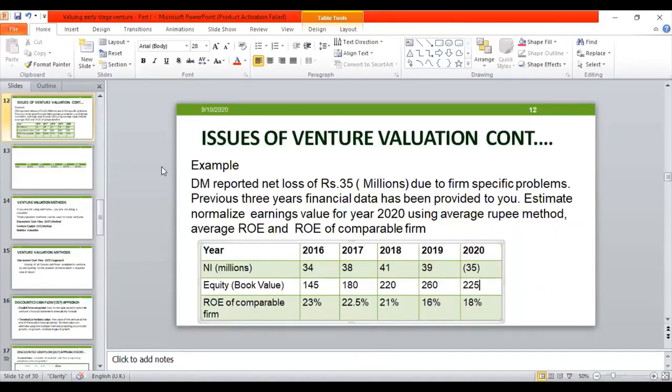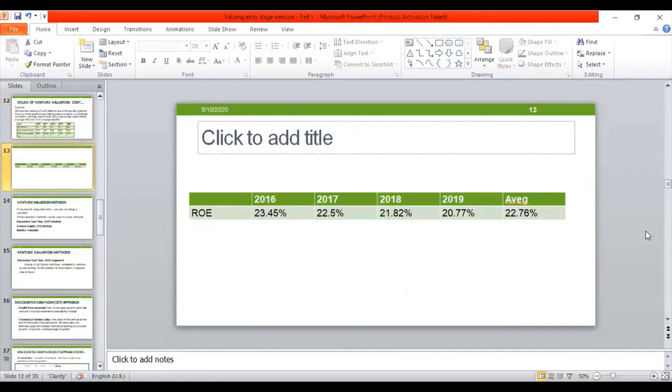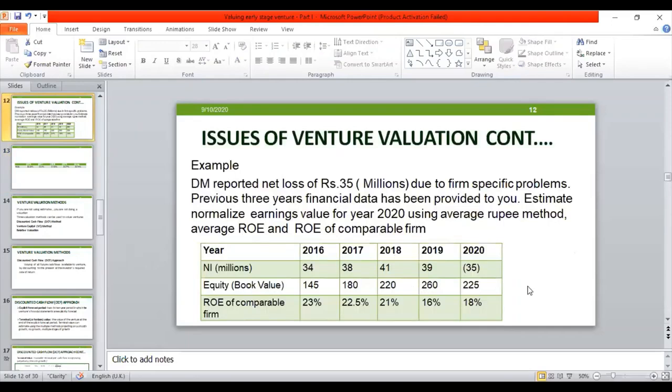So what is the normalized earning value that you are going to replace this negative 35 million with, according to the second method? We have already calculated the average return on equity. The historical average return on equity for this firm is 22.76%, and the end of the year equity book value is 225.